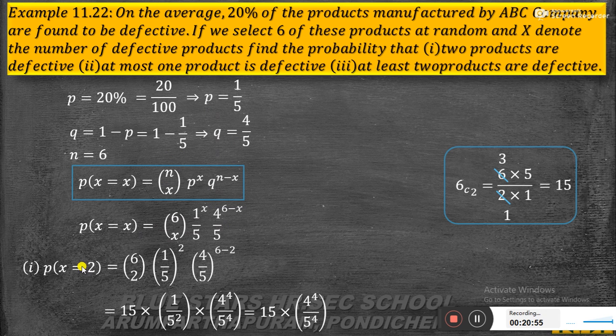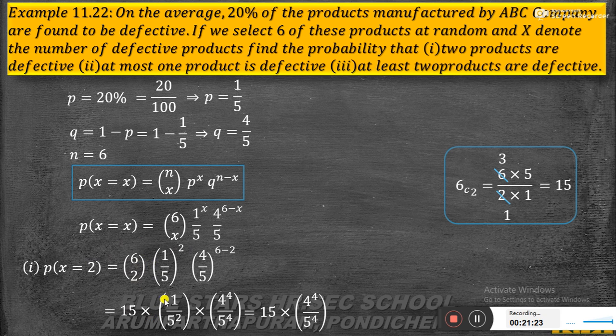So the next step, now you see the first question: 2 products are defective means probability of x equal to 2. I substitute x equal to 2 in this formula. So 6C2, 1 by 5 whole power 2, 4 by 5 whole power 6 minus 2. 6C2 means 6 into 5 by 2 into 1. We cancel the 6 and 2, so 3. So 3 into 5 is 15.